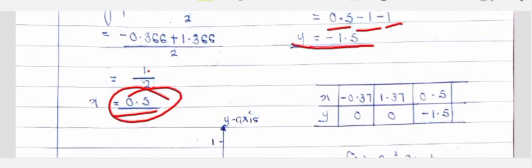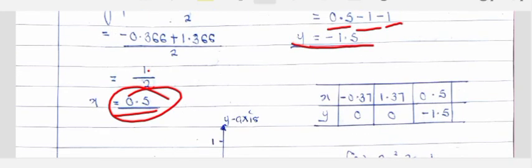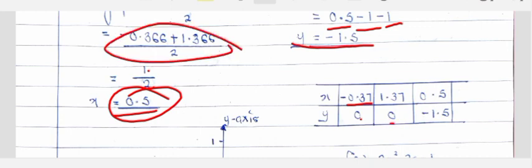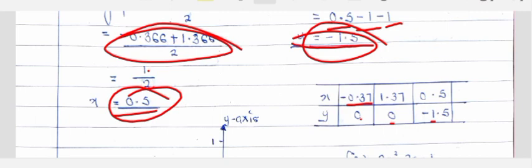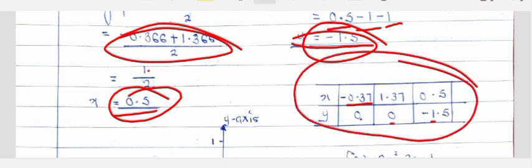So the values we have are negative 0.37 to 2 decimal places when y is equal to 0, or positive 1.37 when y is equal to 0, as we got the values from here. And when x is 0.5, our y is negative 1.5. Now, we can use this coordinate box to plot our graph.